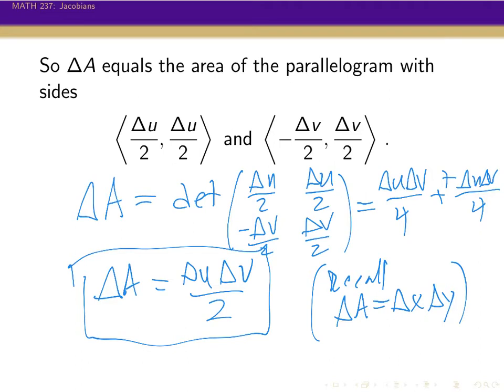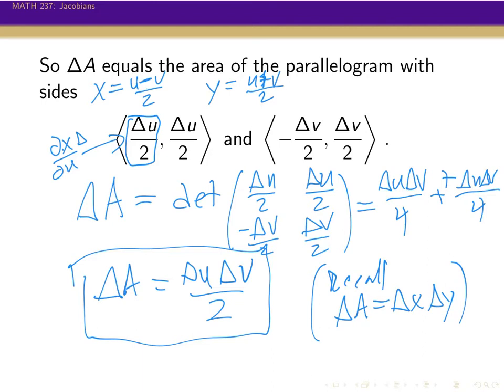Another thing I want to note, if you recall, our change of variables are x is equal to u minus v, sorry, and y is equal to u plus v over 2. Well, this delta u over 2 is equal to the partial derivative of x in terms of u times delta u.